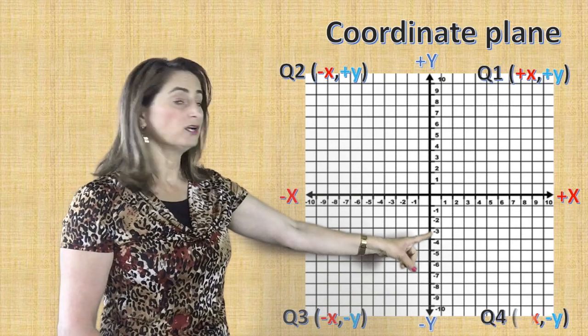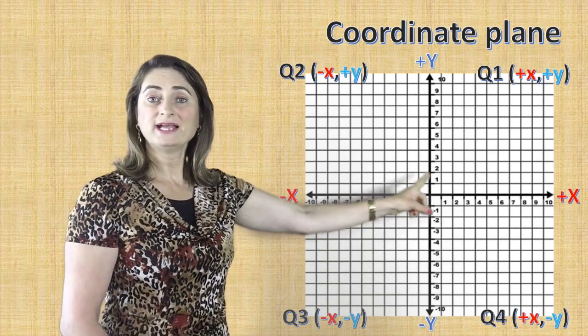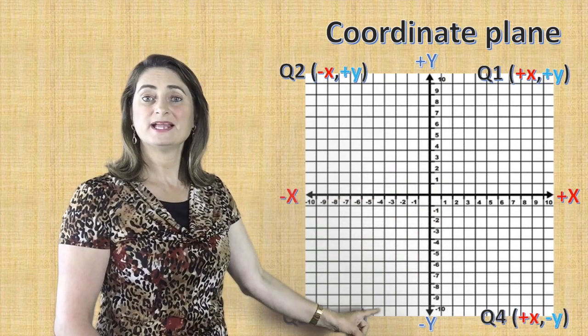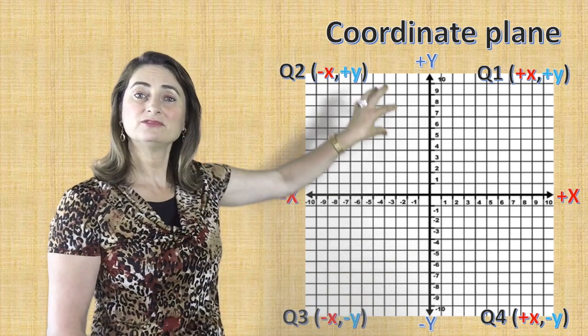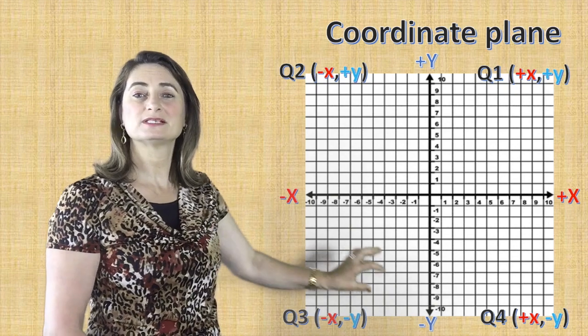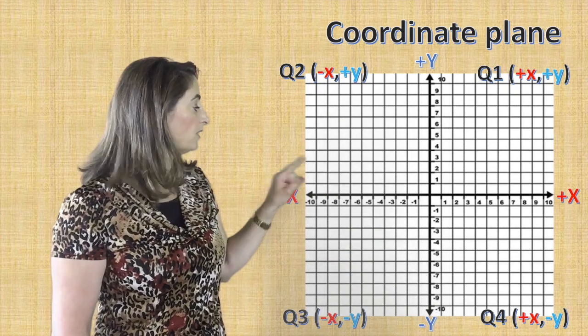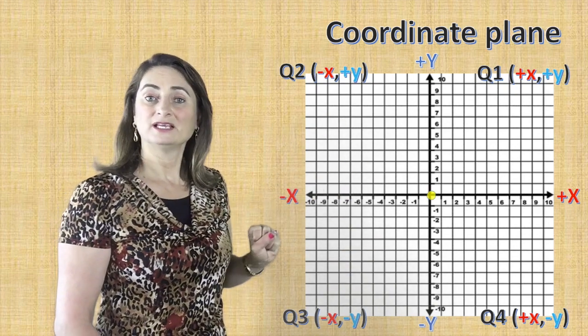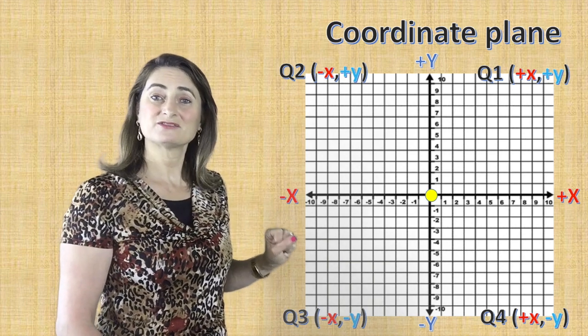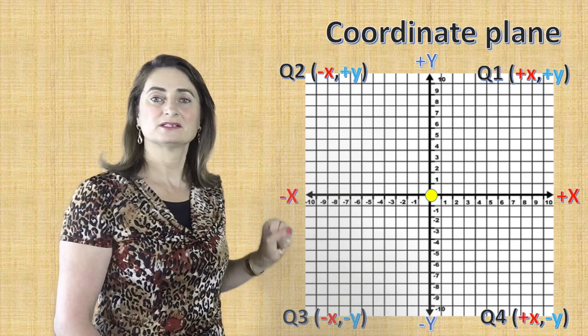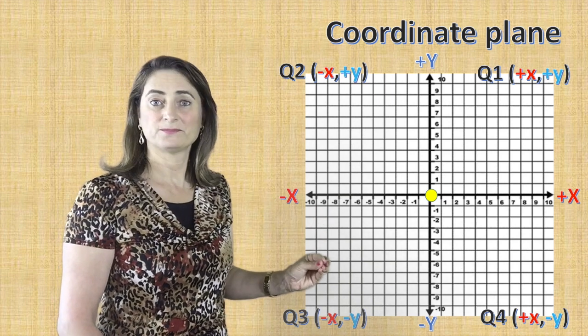In the fourth quadrant, x is positive and y is negative. Any coordinate pair that lands in one of those quadrants will follow the same signs. Now, right in the middle, the yellow dot is called the origin, where the number line starts for the x-axis and the y-axis, which is (0, 0).